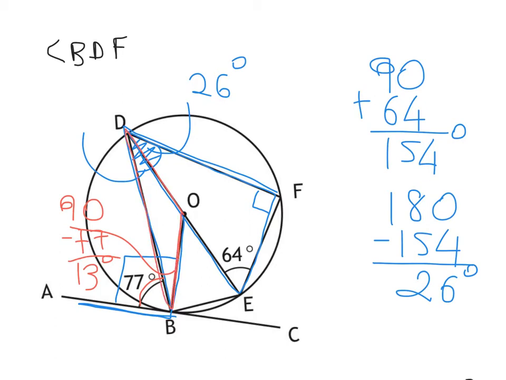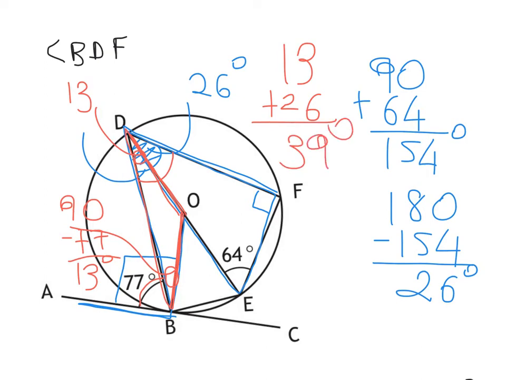Since that's a radius and that's also a radius, meaning that those two lines are the same length and both of these angles are the same. So that small angle in there is also 13 degrees. So it's 13 degrees plus 26 degrees, and BDF then is equal to 39 degrees.